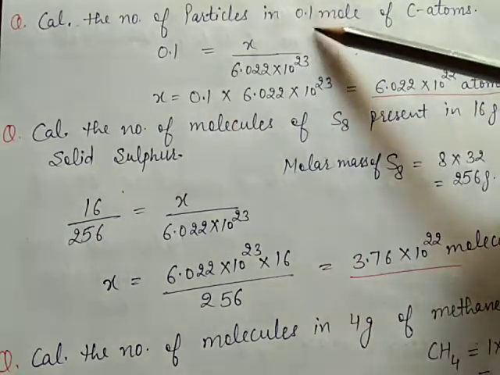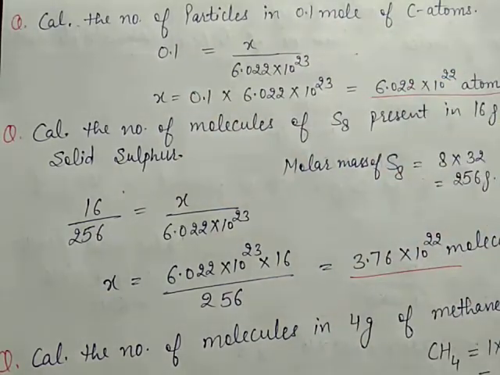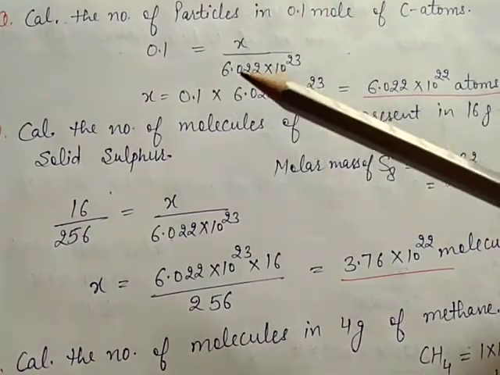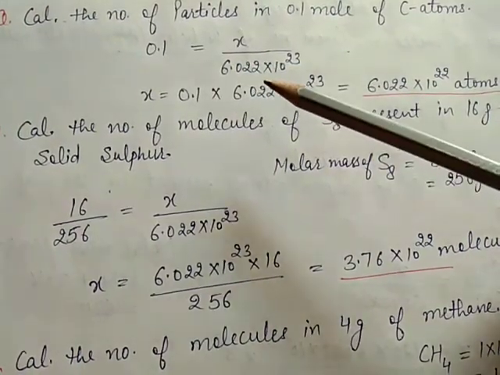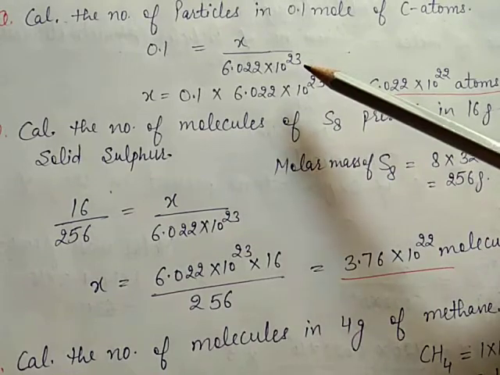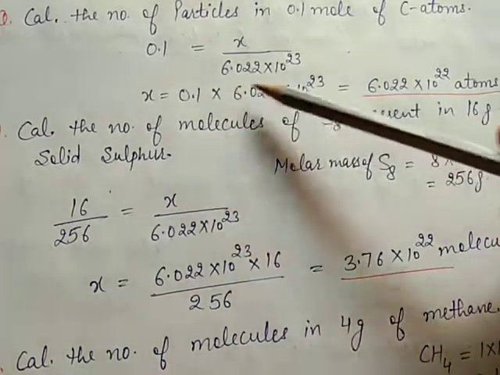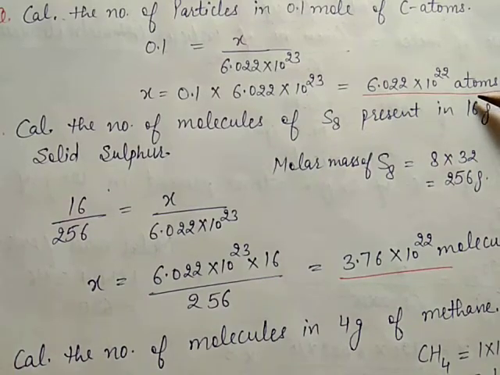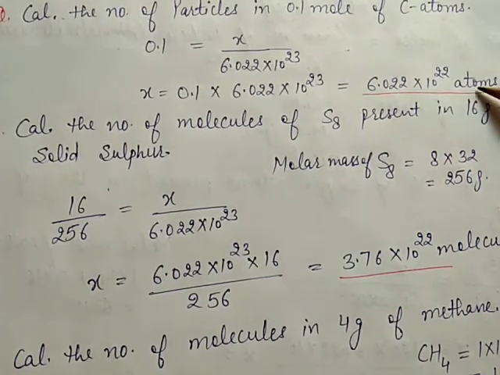Here number of moles is 0.1, so 0.1 is equal to X divided by 6.022 into 10 to the power 23. Direct value is put here. After cross multiplication, this is the answer. We can easily calculate the number of atoms.